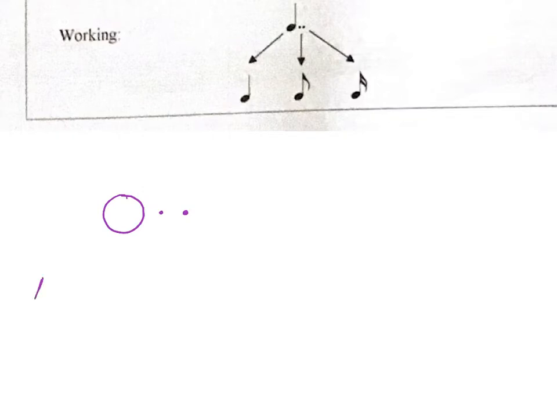Option A is to think of it as it is, which is a dot halves the note, and the second dot halves the dot. So essentially, the note isn't being dotted again, the dot is being dotted.